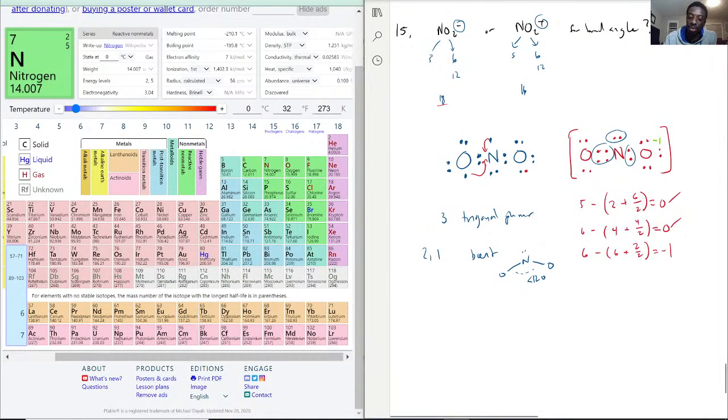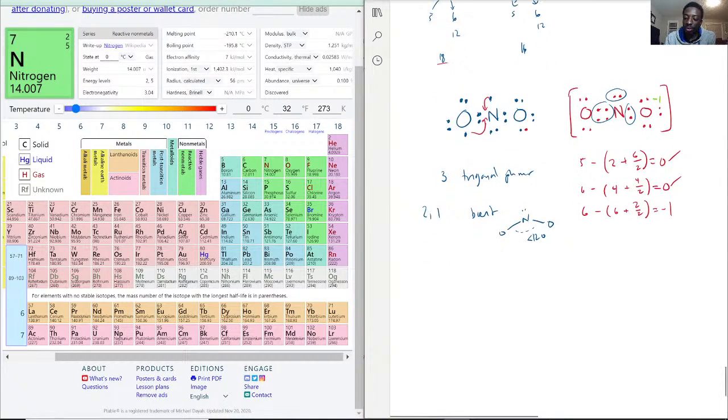Now for NO2 plus, this one is going to be drawn very similarly to what we just did. Where we have the oxygens, and then oxygen wants to have 6, and nitrogen has 1, 2, 3. Now I'm actually going to take out 1 electron, and I'm going to choose this one here, because if you notice, now we actually have 16 if you counted it.